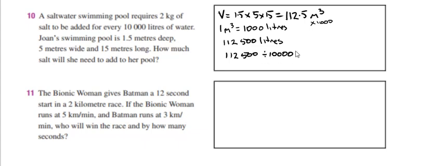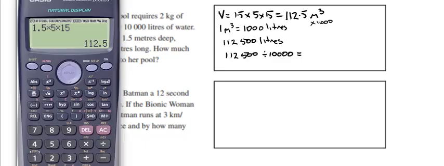So how many lots of 10,000 are there in that, and that would be, grab a calculator, 112,500 divided by 10,000 equals 11.25.